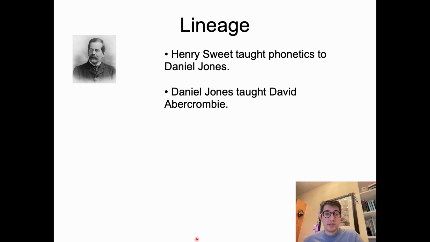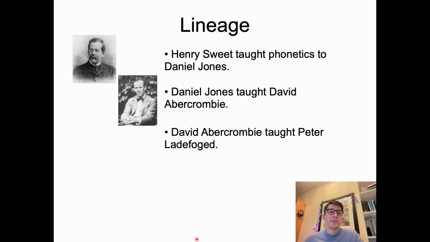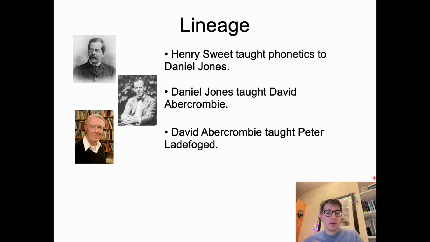Daniel Jones taught David Abercrombie, who was, I think, a Scottish phonetician. David Abercrombie taught Peter Ladefoged, who was influential in the second part of the 20th century and who is an author of the textbook. Peter Ladefoged taught Sarah Dart.